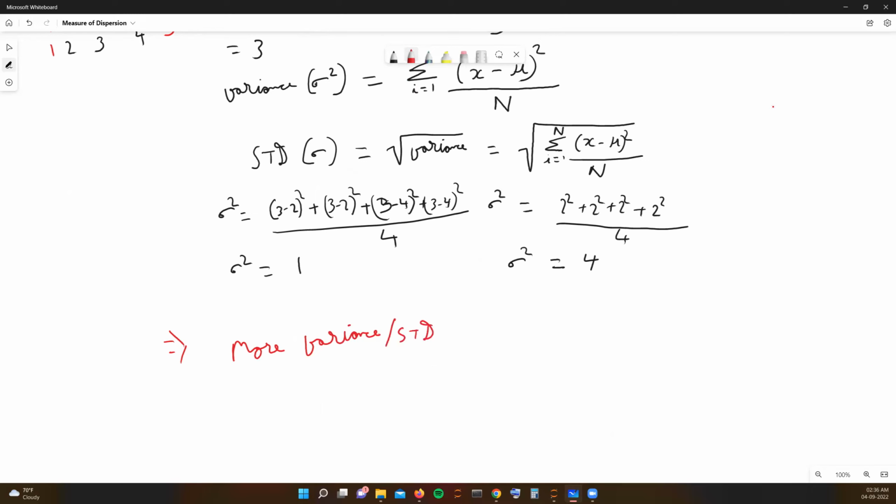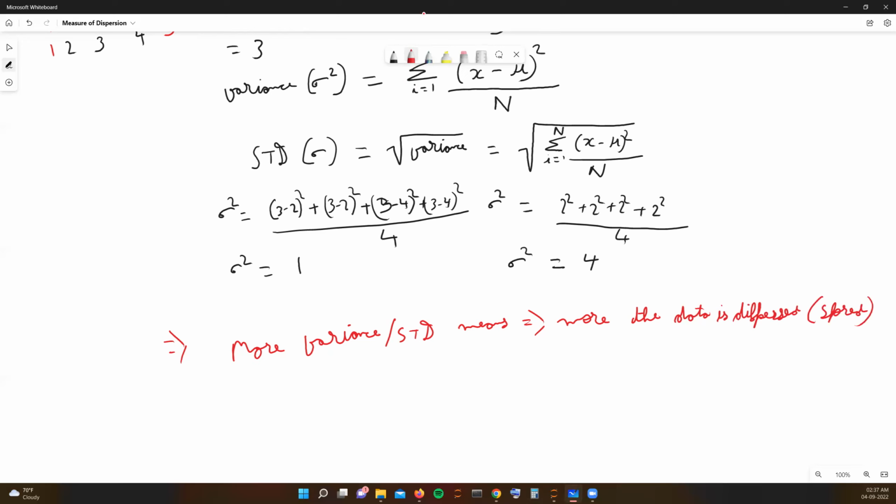More variance or standard deviation means the data is more dispersed, or we can simply say spread.